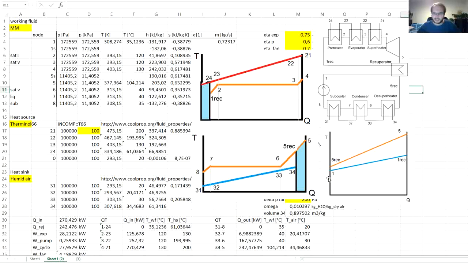Now the question is whether the minimum temperature difference would be over here at the cold side of the heat exchanger or here at the hot side of the heat exchanger. The answer to that question lies in the fact that the vapor, the gaseous phase, has always lower specific heat capacity than the liquid phase, or almost always.